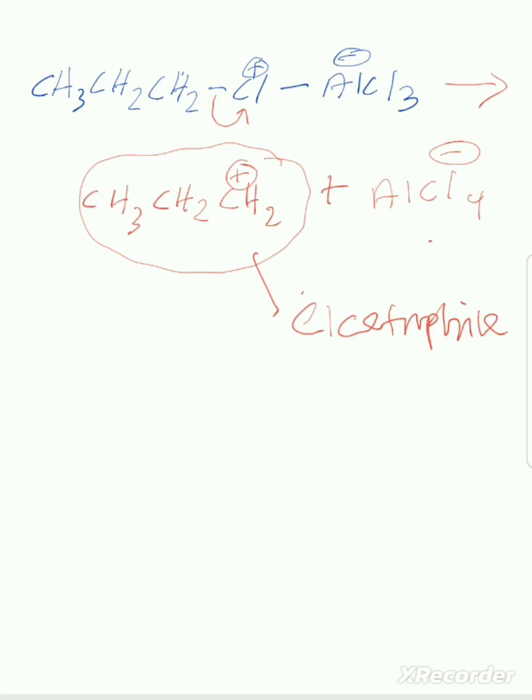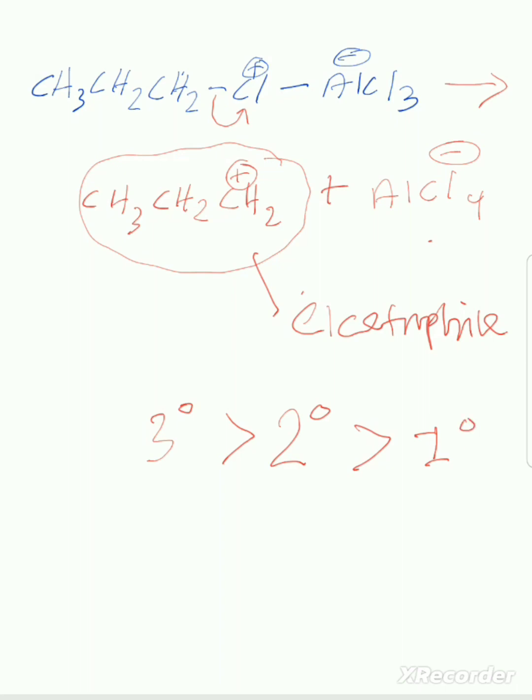Then what we want is to have a stable carbocation. So you should know that the third degree, the tertiary carbocation, is more stable than the second degree, the secondary carbocation. This one is more stable than the primary carbocation.